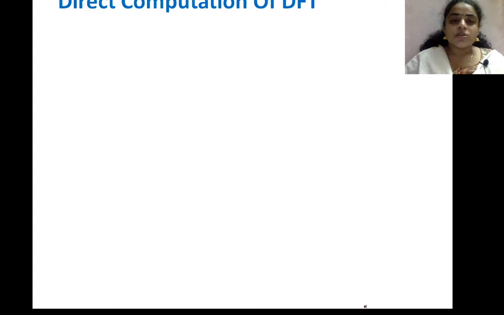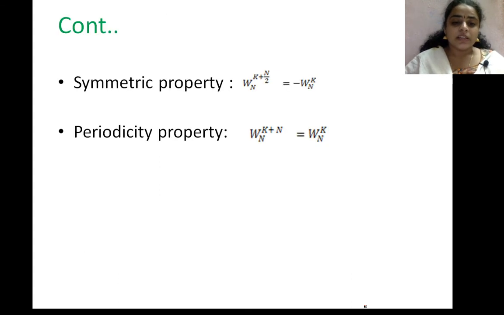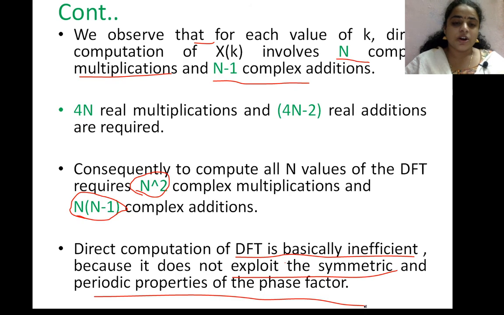So, finally, the computational complexity of this inefficient method is that it requires 4n minus 2 real additions, 4n real multiplications, n square complex multiplications and n into n minus 1 complex additions.